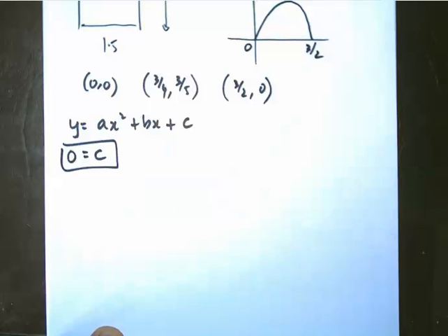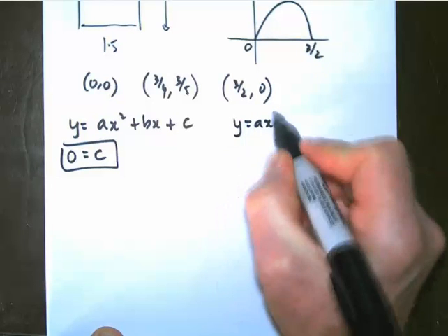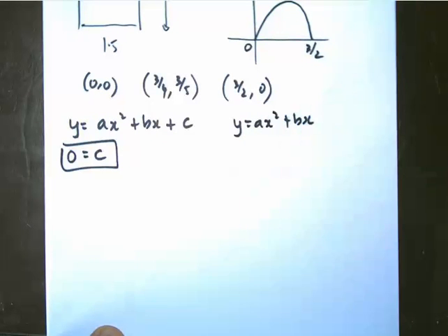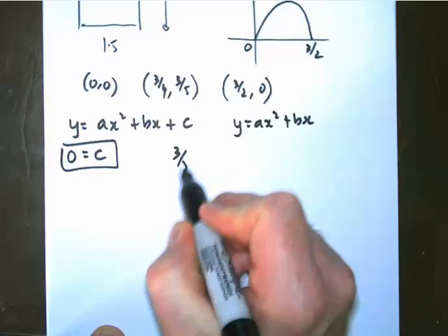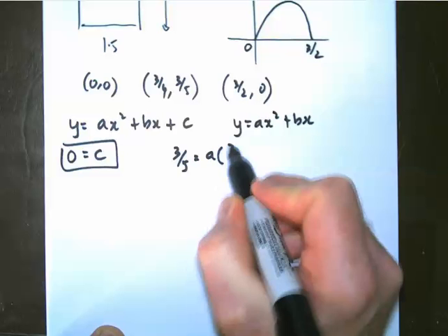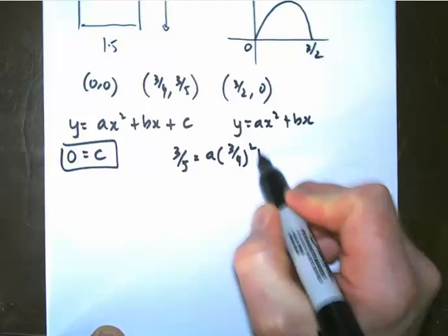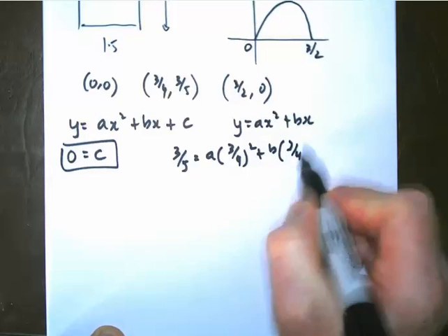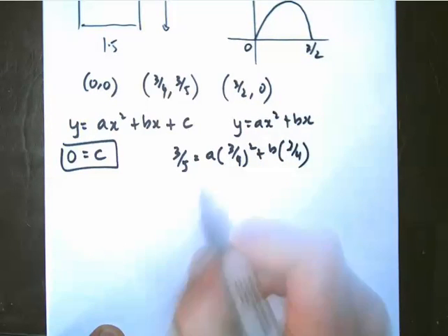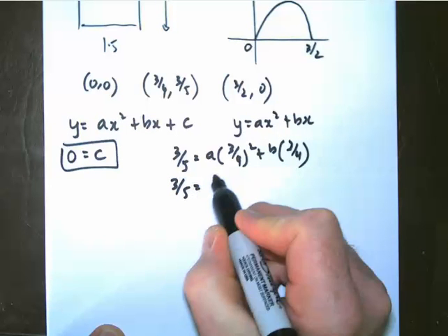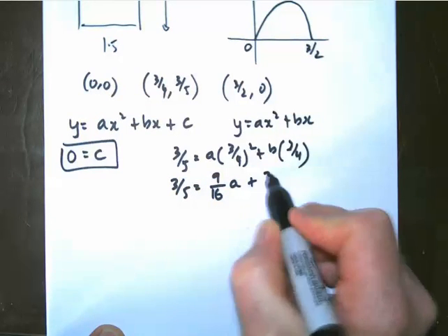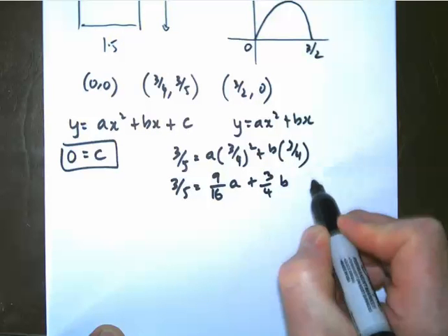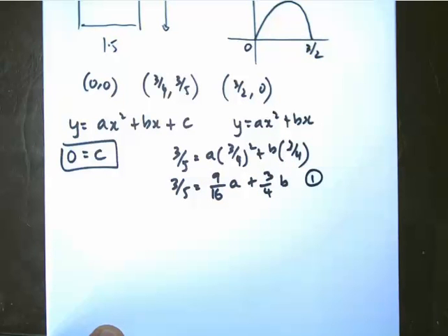So really, I know that y equals ax squared plus bx, because I know that c is 0. Now in my second point, I have 3/5 equals a times 3/4 squared plus b times 3/4. 3/5 equals 9 on 16a plus 3 on 4b. And that's what I'm going to call equation number 1.